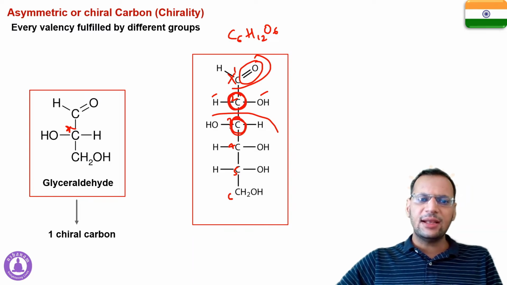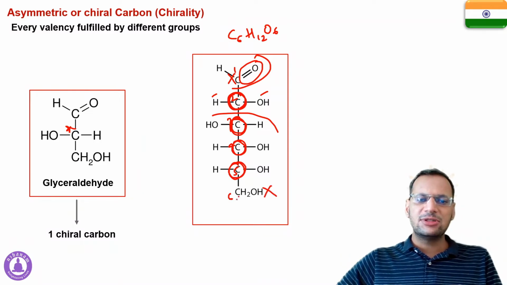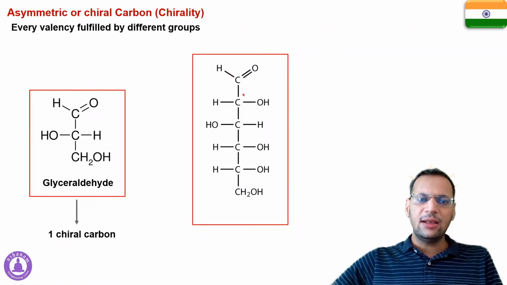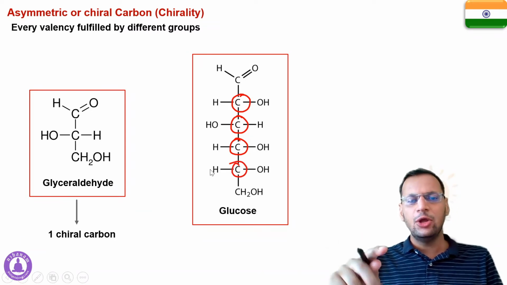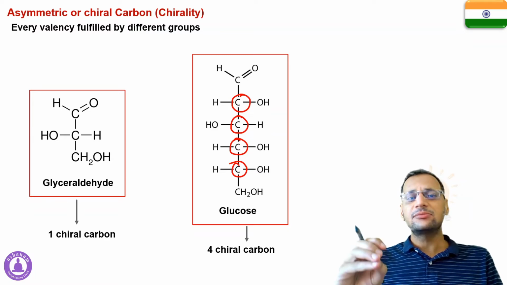Similarly, third one, chiral carbon. Fourth one is a chiral carbon. Fifth one is a chiral carbon. Sixth one is not a chiral carbon because 2 valencies are fulfilled by hydrogen. That means in glucose there are 4 chiral carbons. These are the 4 chiral carbons in glucose because all the valencies are fulfilled by different groups.